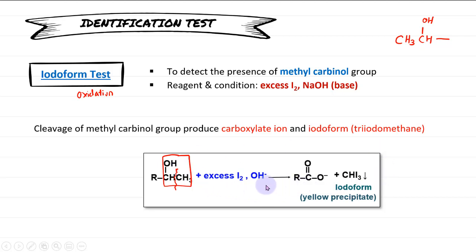If, for example, I have 8 carbons in the starting alcohol, iodoform itself carries 1 carbon. So for your carboxylate ion, you will have the remaining 7 carbons. So this is an example. It depends on how many carbons you have for this alcohol. Okay, so iodoform observations will be light yellow precipitates form. This is only if you have this methyl carbonyl group present.